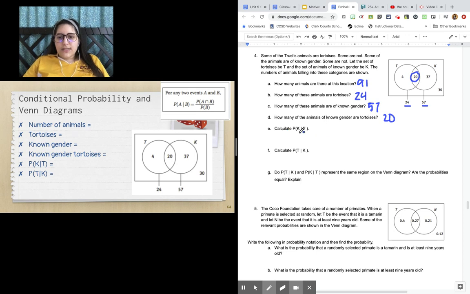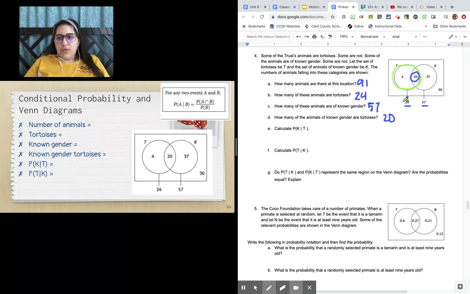The first thing they want us to calculate is K given T. T is my restrictor category. It's very similar to the way we did it in the two-way table. If T is my restrictor category, I'm going to circle that and say that's the only one I care about.